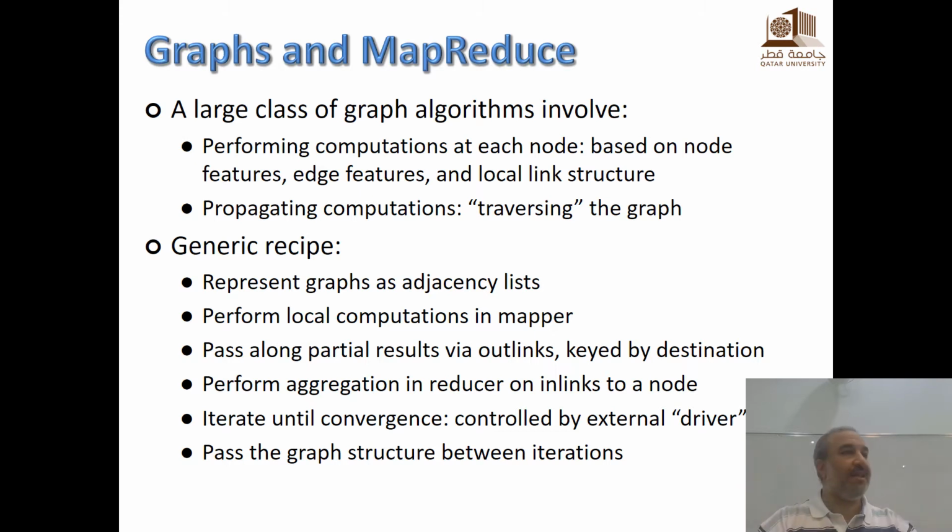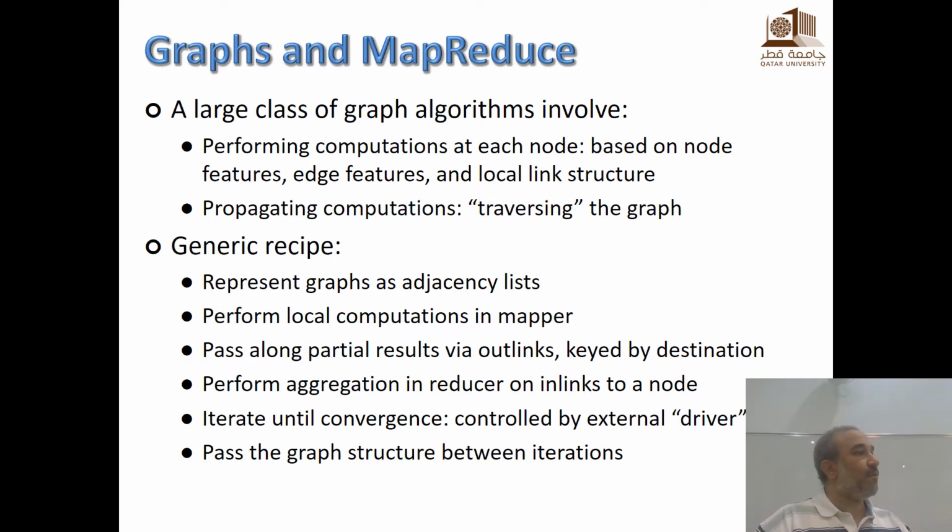So this is the general recipe of the processing that we have done so far using MapReduce for processing graphs. And what we did is not just a special case; it's a typical pattern of how MapReduce deals with graphs. Typically, we perform computations at each node. We do some local processing, local computations, and then we pass this through the links, the outlinks.